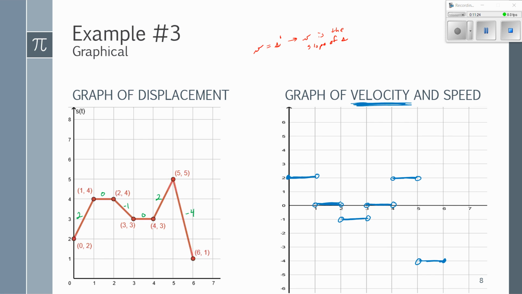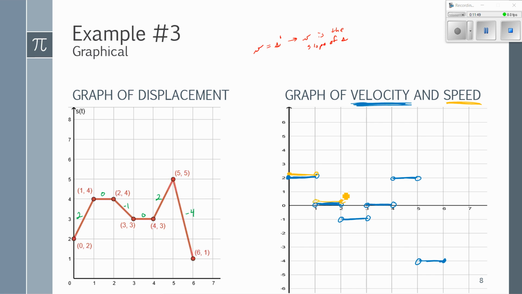Then for speed, speed is the absolute value of velocity. So all I really have to do is just graph the absolute values of these slopes. So for speed, well, from x of 0 to x of 1, the speed is the same as velocity. From 1 to 2, still the same.